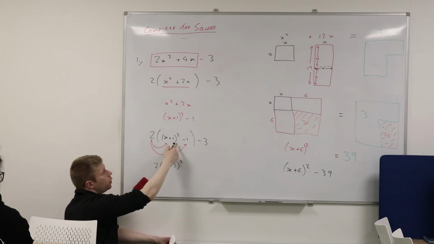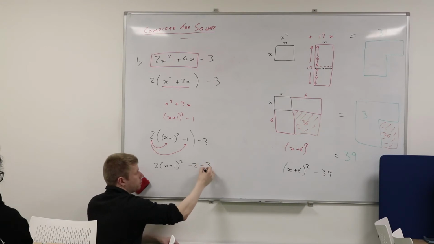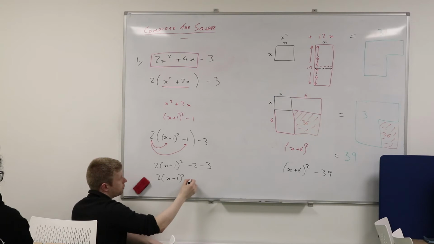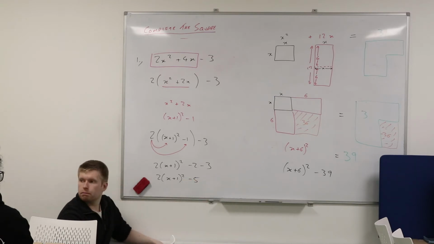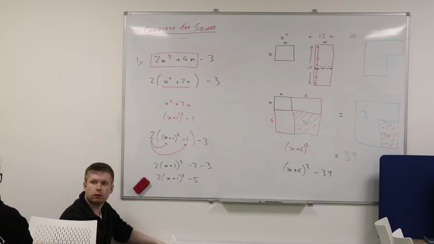And then 2 times negative 1, which is negative 2, so it's negative 5. Perfect. I've still got the negative 3 there, so you're dead right. It'll be this. Okay? So you see, that is no harder than what I was doing before. It's just you have to do an extra couple of steps to pad it out. But it's exactly the same principle.